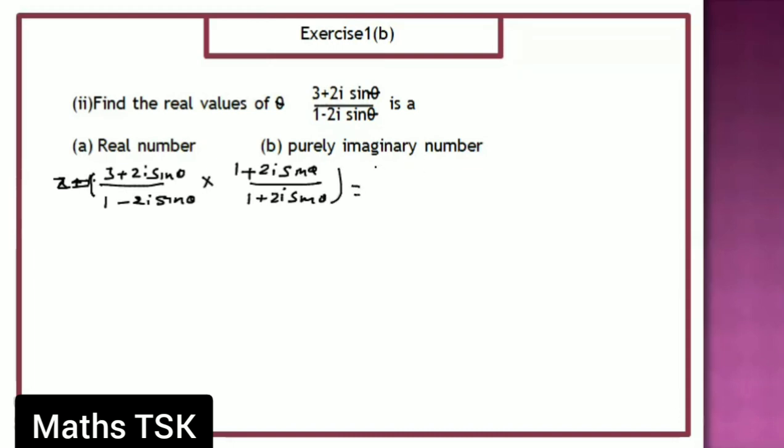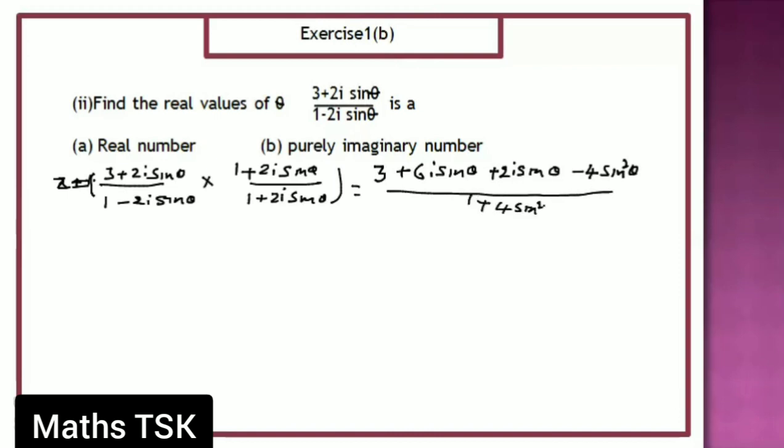Write the numerator: 3 ones 3, 3 to 6i sin theta, and then 2i sin theta, and then minus 4i square, plus 4i square is minus 4 sin square theta. This is the value. Denominator becomes 1 plus 4 sin square theta.